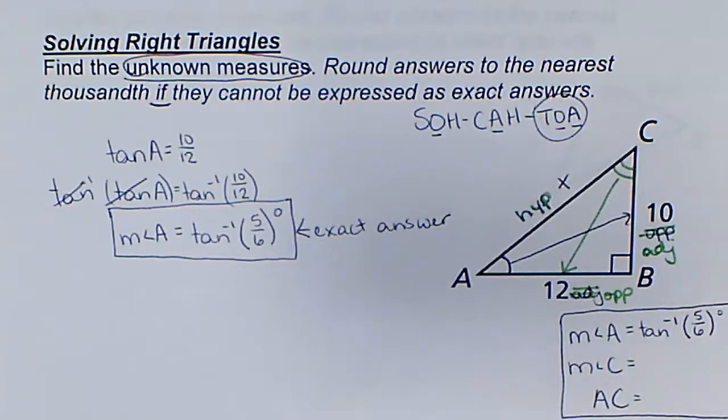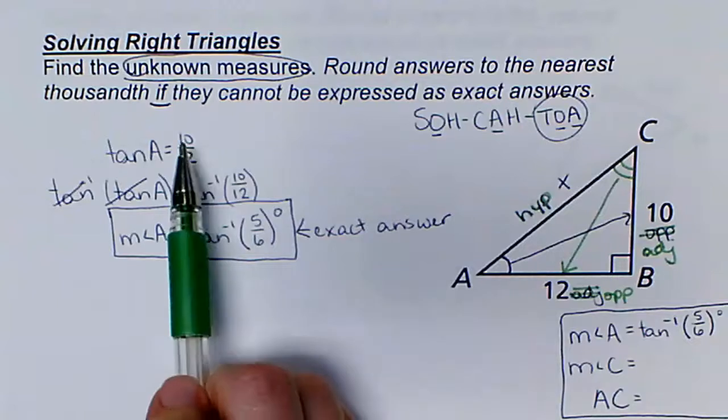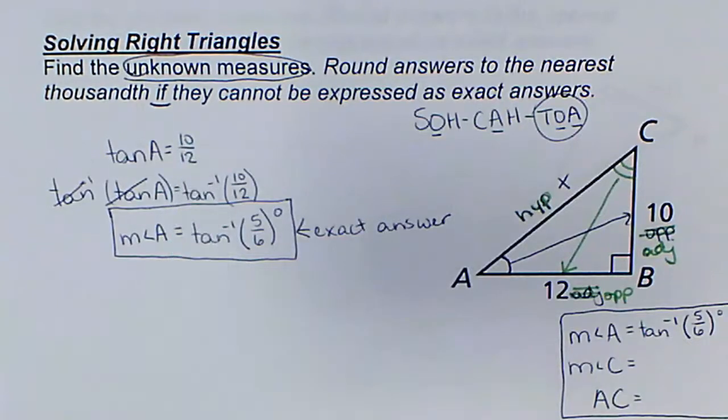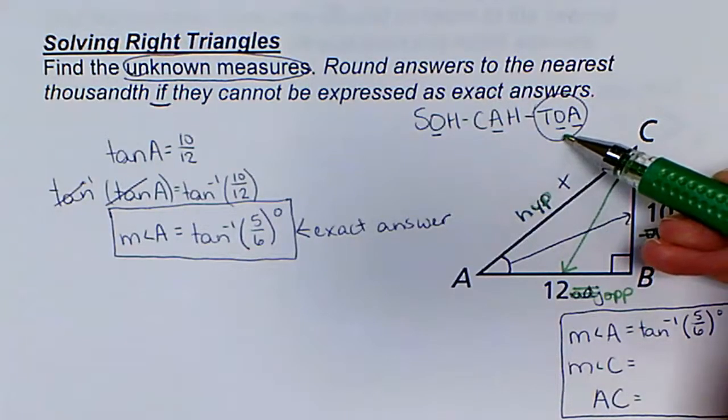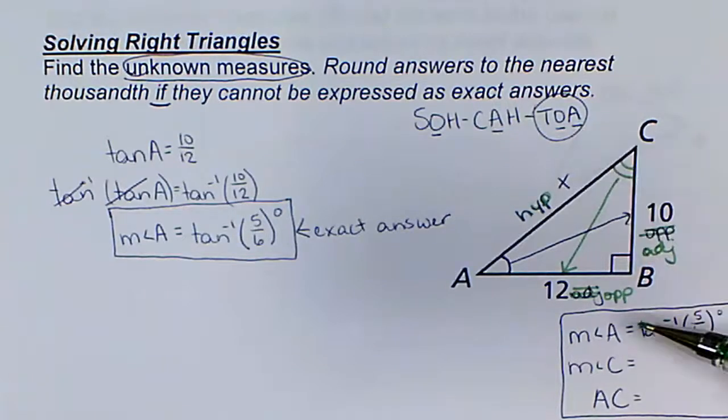So again, I want to use a trigonometric ratio that will allow me to find the measure of angle C. That means that I need to know the two sides that go into the trig ratio. So again, I'm going to need to use the 10 and the 12, the adjacent and the opposite. And again, I will be using the tangent function because it's the trigonometric ratio that uses the opposite and the adjacent sides.